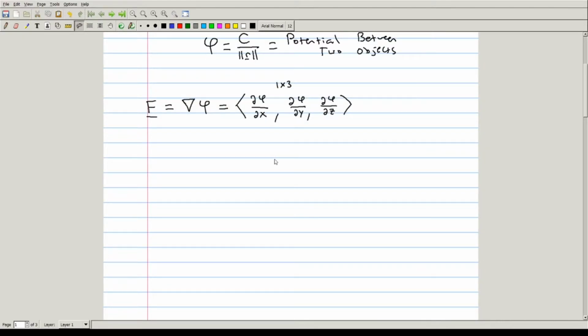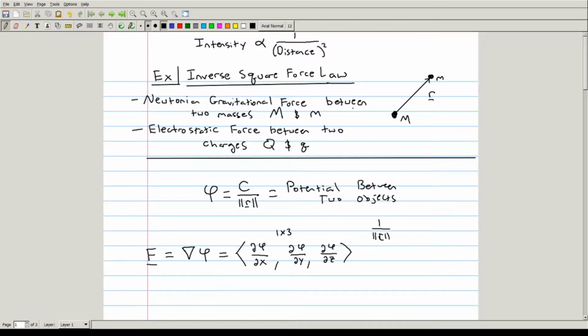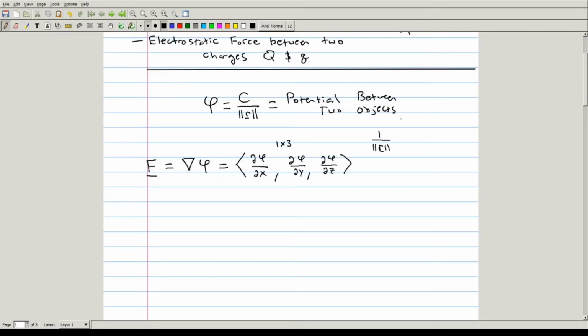To evaluate this gradient, we have to figure out exactly what each one of these partial derivatives is. Remember that 1 over the length of r, and we're putting our coordinate system at the location of one of these masses, mass M. So 1 over r will just be, in Cartesian coordinates, 1 over the square root of x squared plus y squared plus z squared.